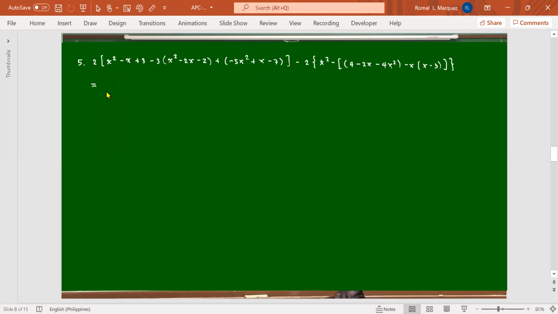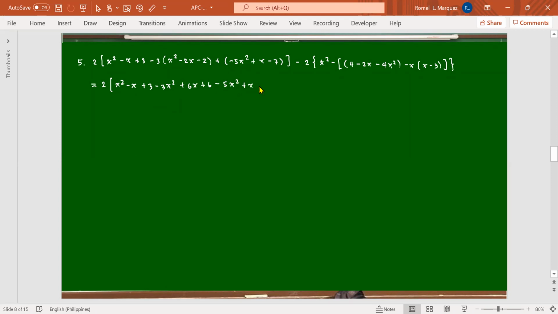Which one is to be performed first? Alin ba yung the affected? Ito, no? Tsaka ito, we can perform, no? Guys? So, x squared minus x plus 3 minus 3x squared. Check my product, ha? 6x, distribute, plus 6. Ito, preceded by plus, I can remove immediately the parentheses.